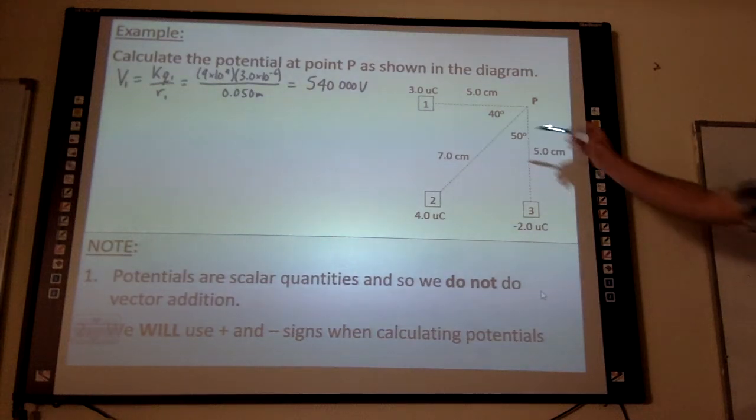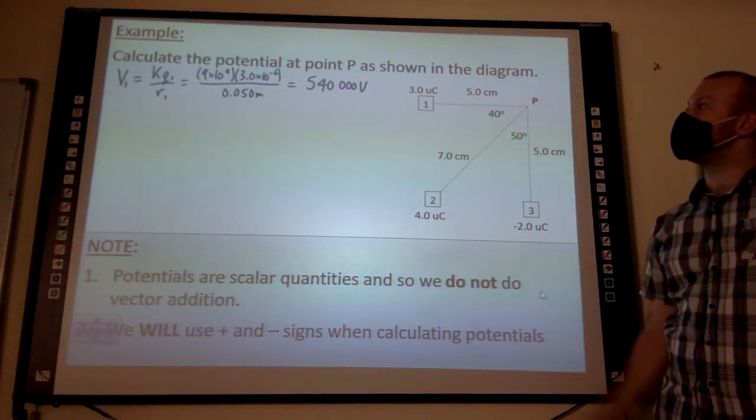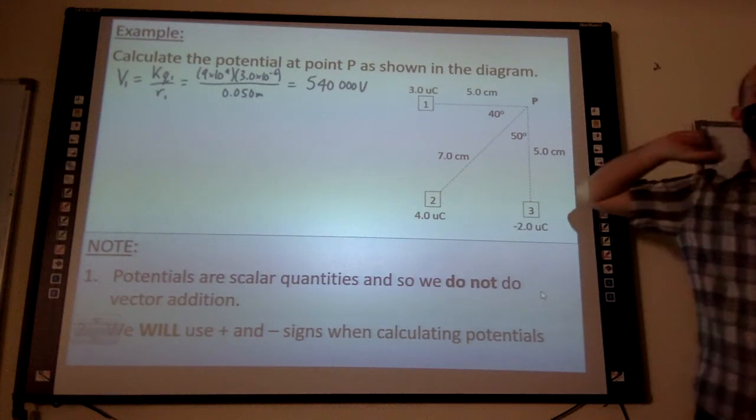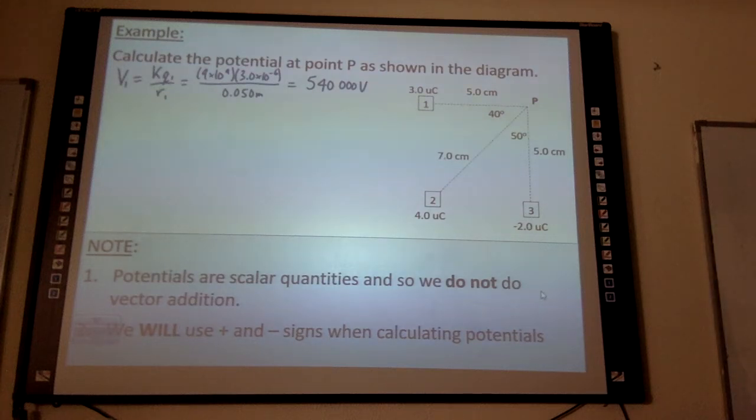So this one is due to charge 1: k, 9 times 10 to the power of 9, times the charge, divided by the distance. Again, distance needs to be in meters. You will often find your distances are tiny, just like your charges are tiny. And then you get the potential. So that's due to the first charge.